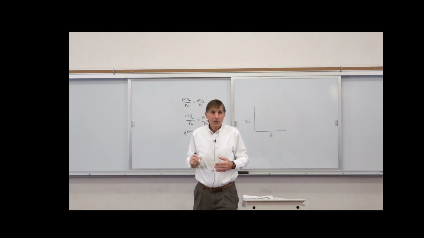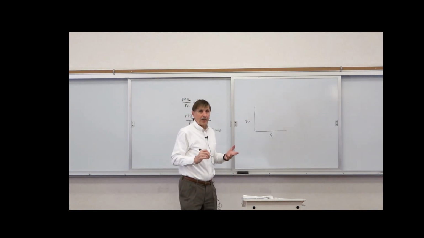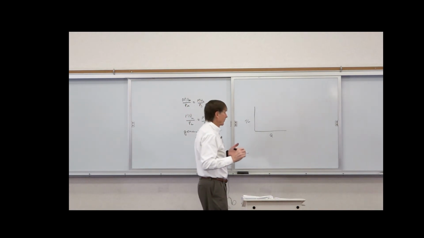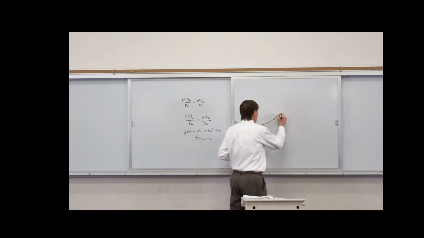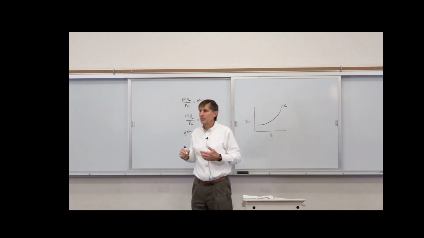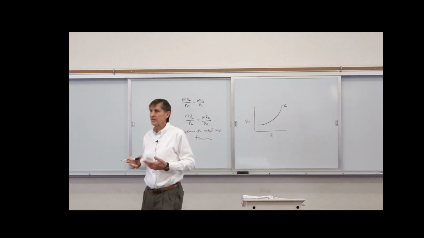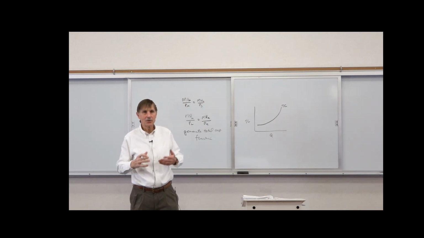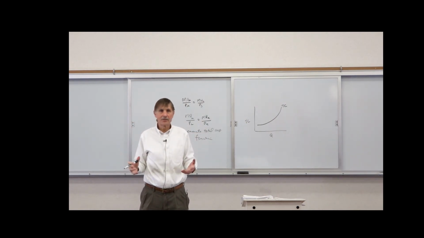Now, what's going to happen to the slope of that thing? The slope of that thing's probably going to be going like that, right? Because you presumed increasing marginal cost, but why is increasing marginal cost happening? Because you assumed diminishing marginal products, right?